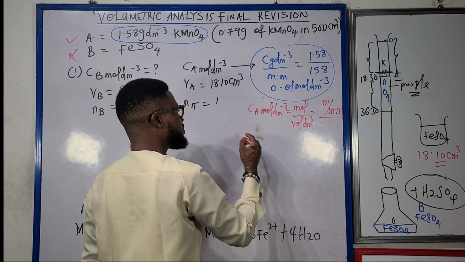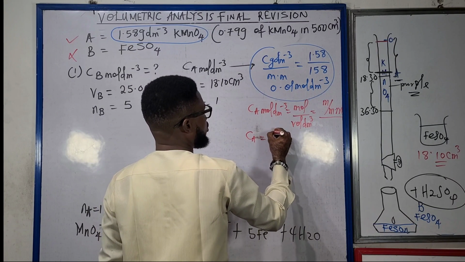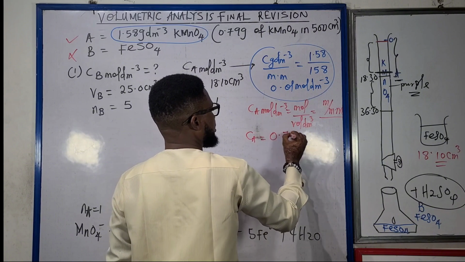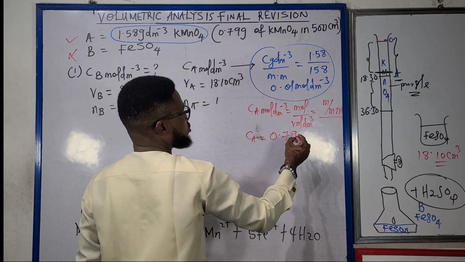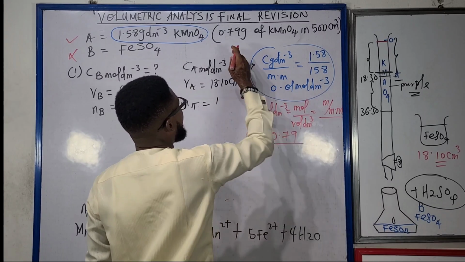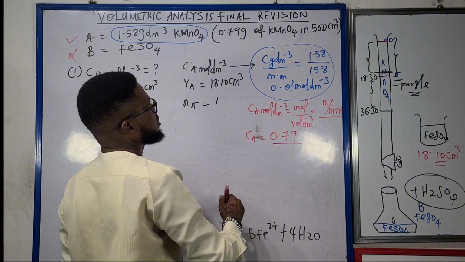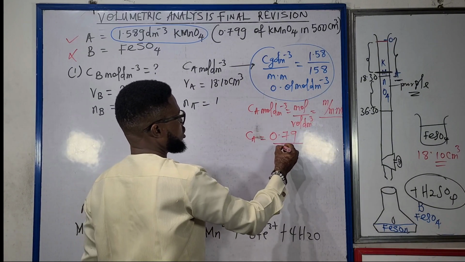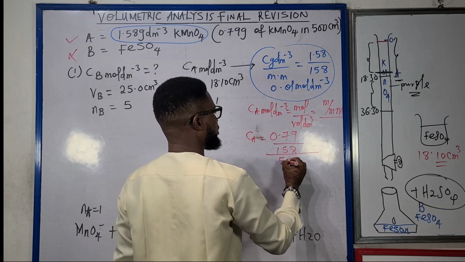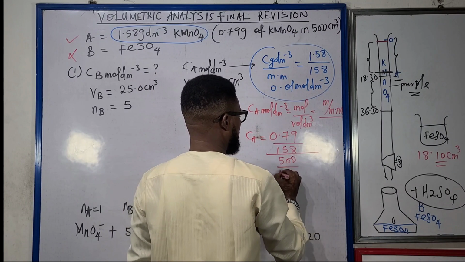So what this means is that concentration of A equals 0.79 as given in the question, divided by the molar mass of KMnO4, which is 158 from the question, all divided by 500. To convert from cm³ to dm³, you divide by 1000.